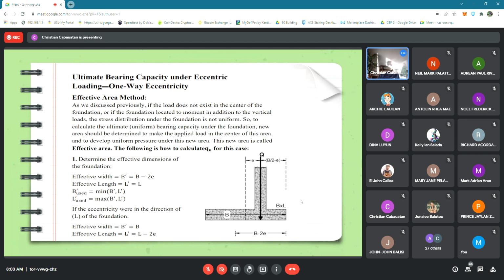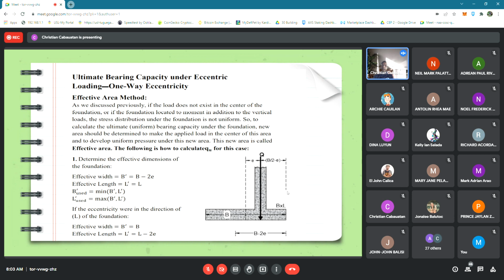So the B prime that we will be using is the minimum of B prime or L prime. And the L prime that we will use is the maximum of B prime or L prime.